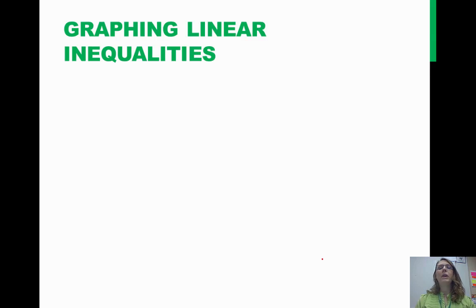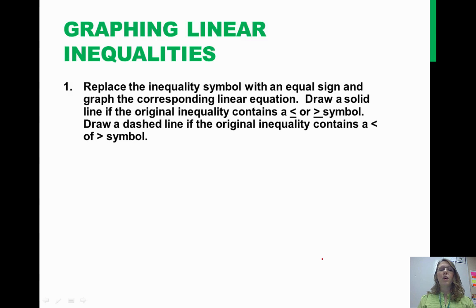So let's look at what we have to do to graph linear inequalities. First of all, we're going to take the less than or greater than symbol off the inequality. We're just going to make that an equal sign, and we're going to draw the line on the graph. Now, one of the things you need to know is, is it a solid line or a dashed line?